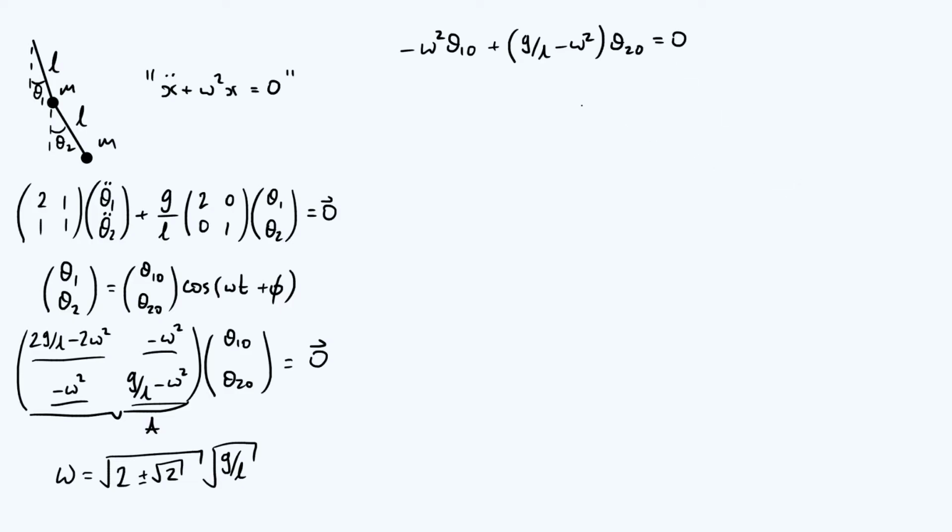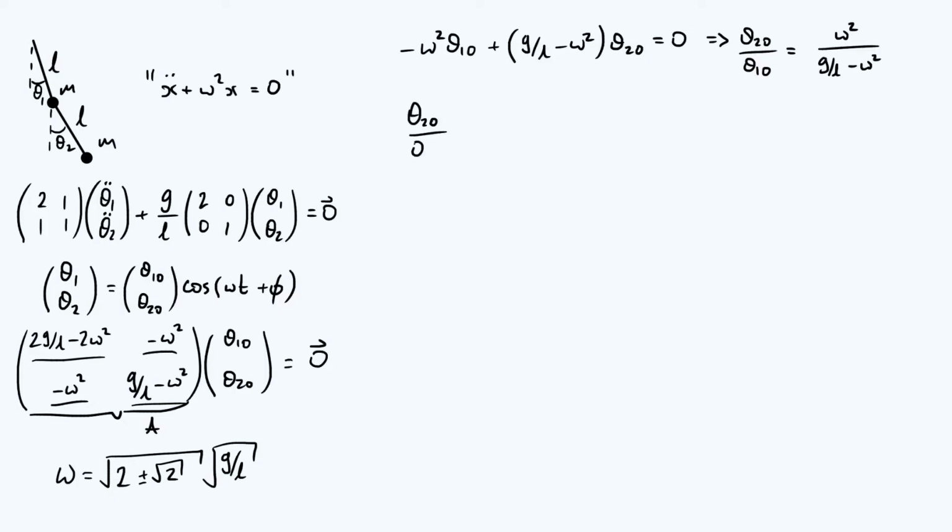Now, if you rearrange that just a little bit, you find that the ratio of theta 20 to theta 10 should be omega squared over g over L minus omega squared. All right. So let's see how that simplifies. It turns out to actually simplify very nicely.